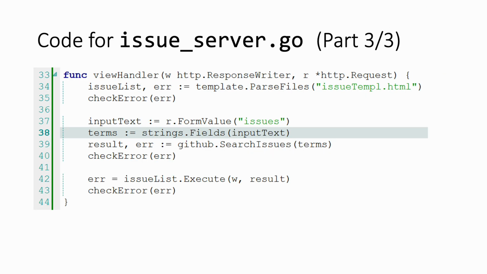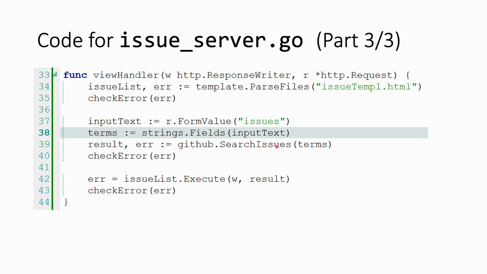The view handler works similarly to the main function of the issuesHTML.go program. That is, it first parses the HTML template given in the issueslist.html file, and finally executes the parsed template to the input returned by the github.SearchIssues function.